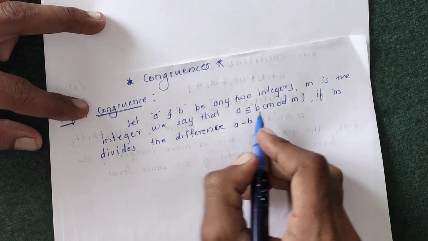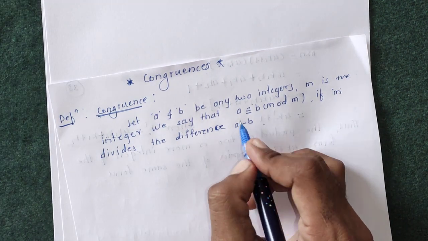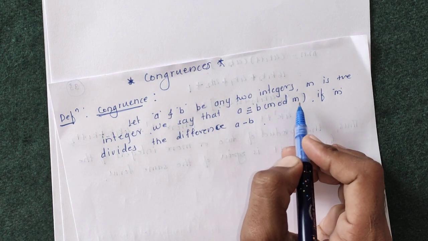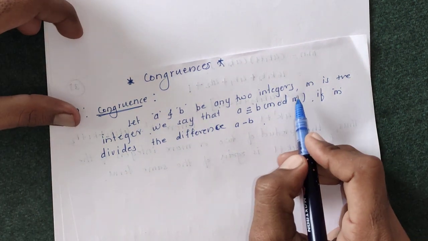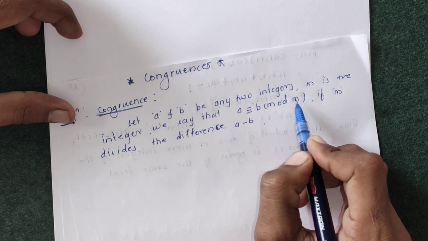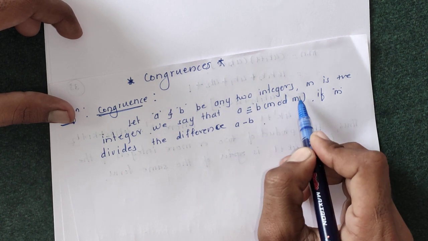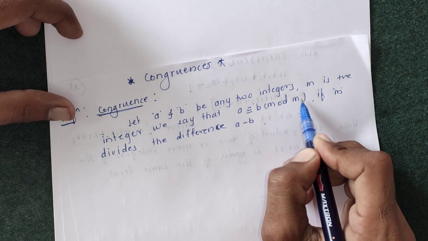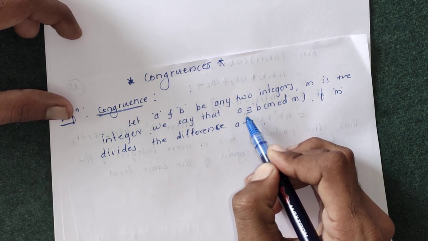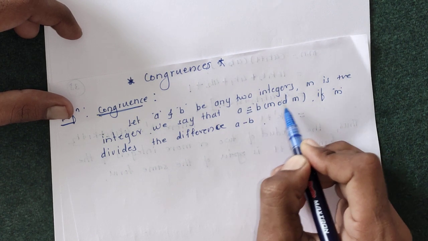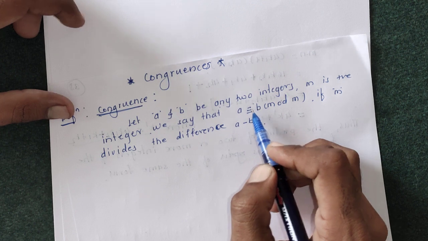If m divides a minus b, then we can say that a is congruent to b modulo m. That is, if we apply the division algorithm on a and m, then b is the remainder whenever we divide a by m.